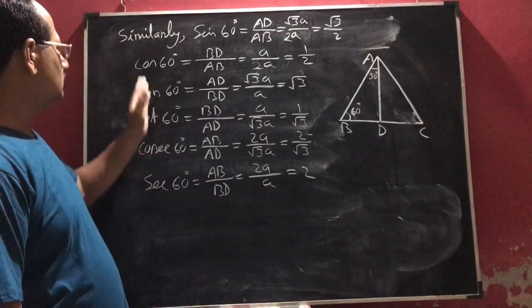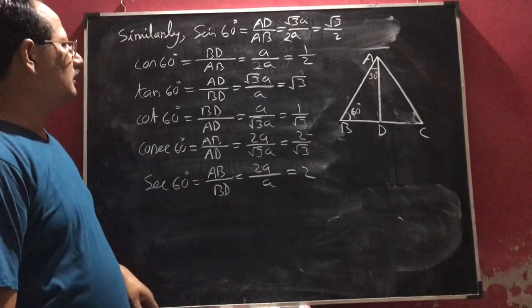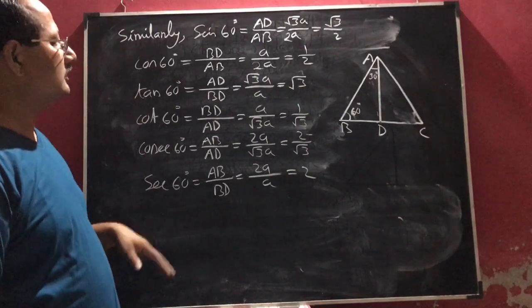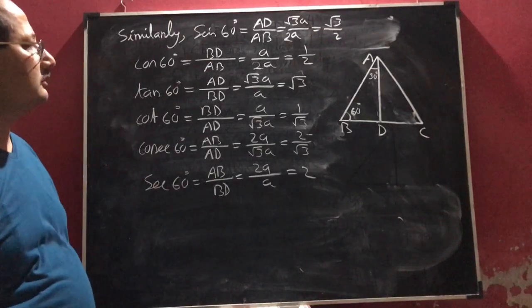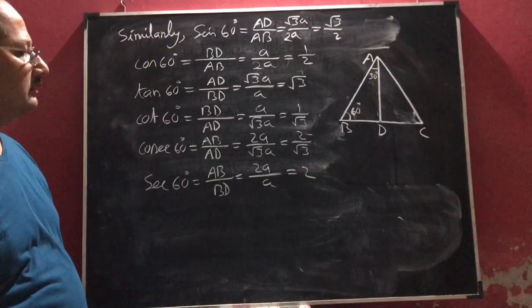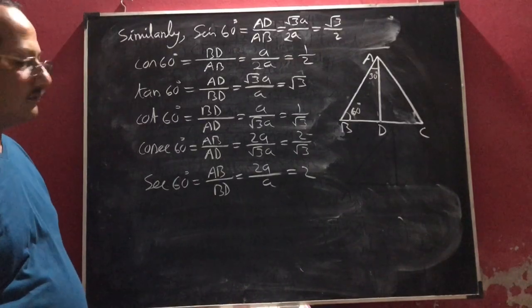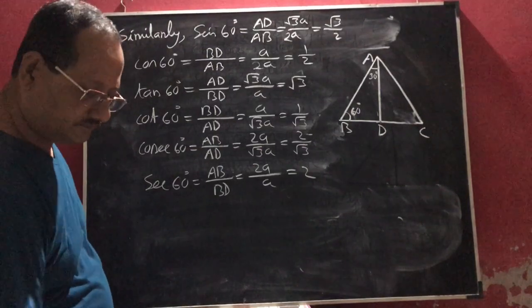This is the result for angle 60 degree. There are two more angles, 0 degree and 90 degree. The proofs for 0 degree and 90 degree are not necessary. The values are important, but proofs are not necessary.